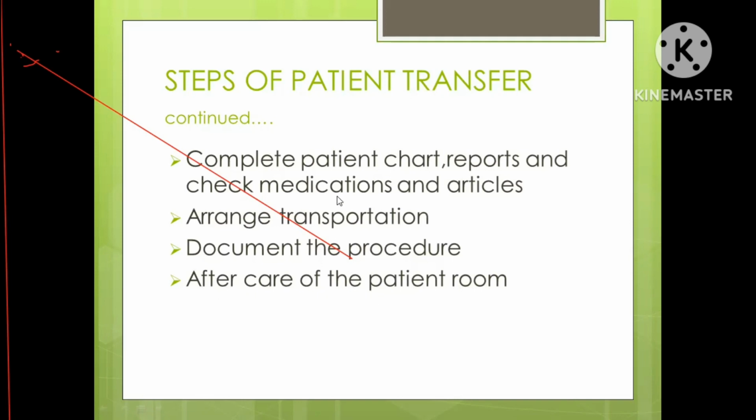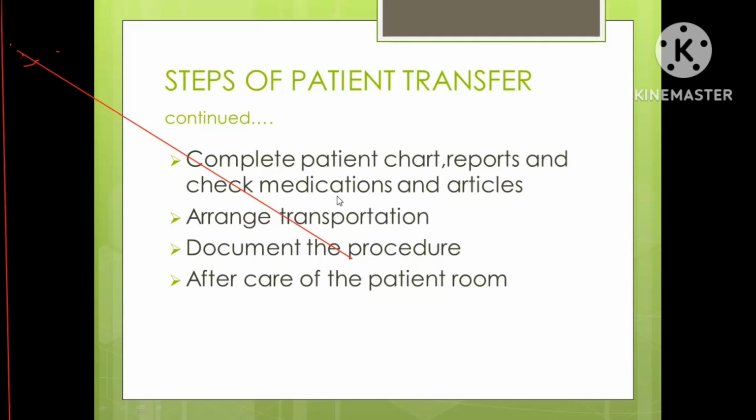So what were the patient transfer procedures? First, we have to get transfer order from the physician, and we have to inform the client and relatives regarding the reason for transfer. And we have to inform the particular department regarding the patient coming to your department or your hospital. And before transferring, the chart, reports and medications are to be checked, and all the articles.